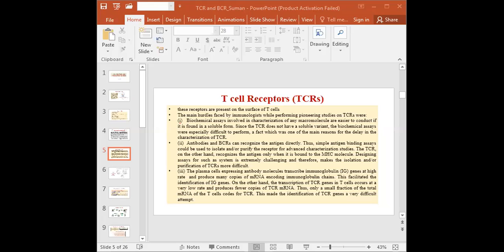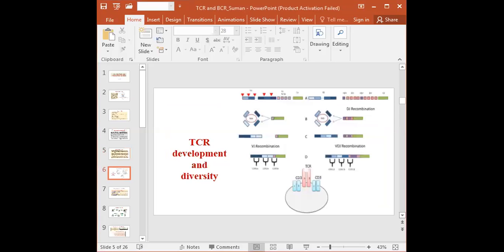Now I'm coming to TCR development and diversity. So the TCR is a disulfide-linked, membrane-bound heterodimeric protein, normally consisting of the highly variable alpha and beta chains, expressed as part of a complex with the invariant CD3 chain molecules.